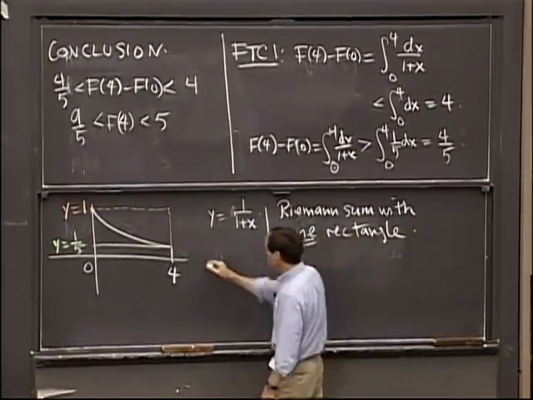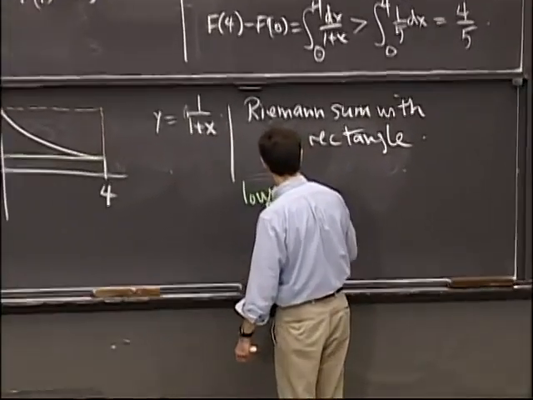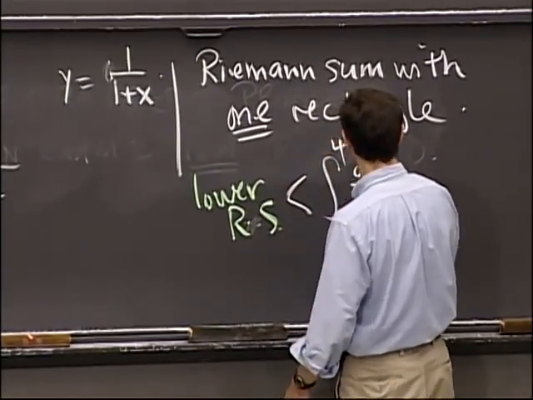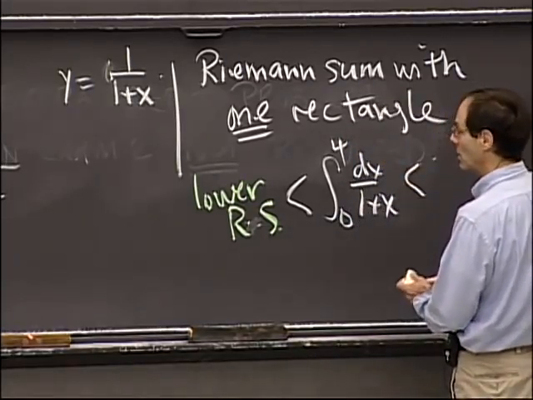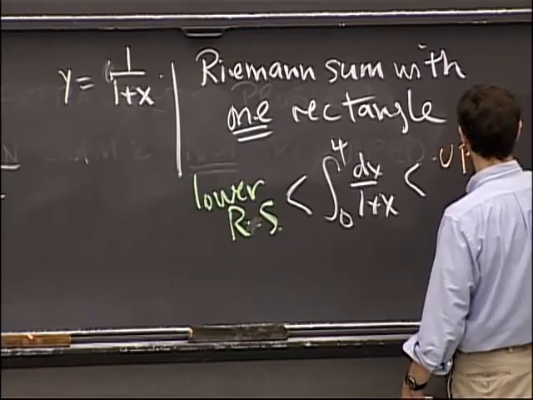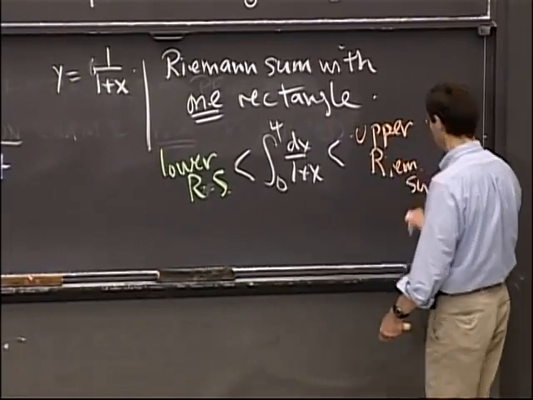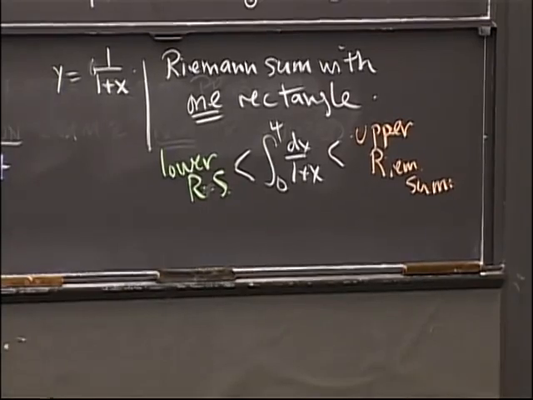But this one is the lower Riemann sum, and that one is less than our actual integral, which is less than the upper Riemann sum. Okay? And you should by now have looked at those upper and lower sums on your homework. So it's just the rectangles underneath and the rectangles on top.